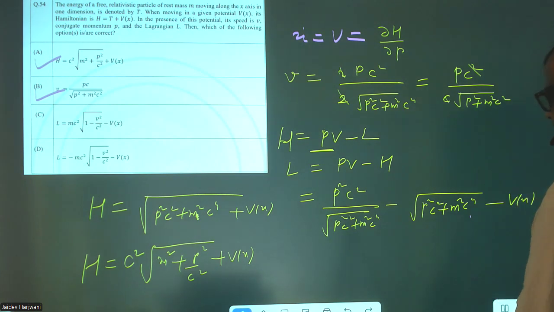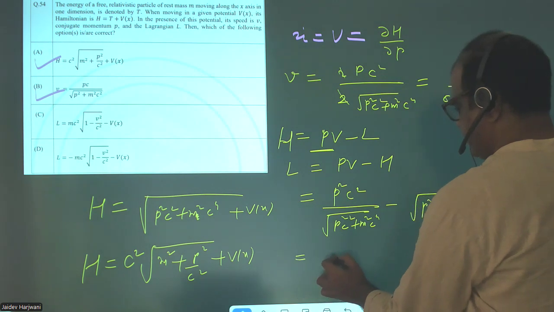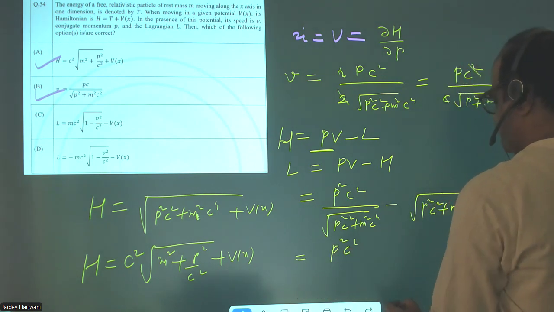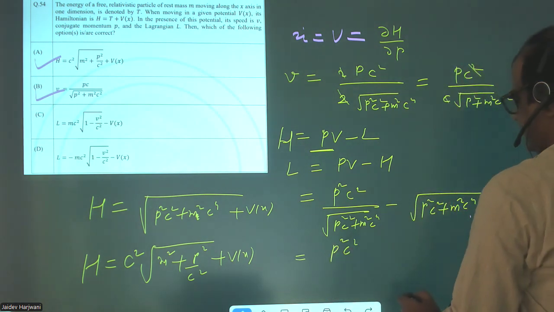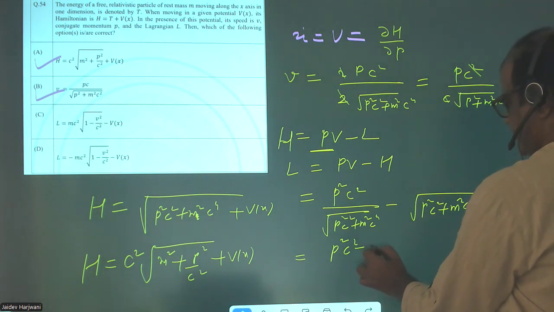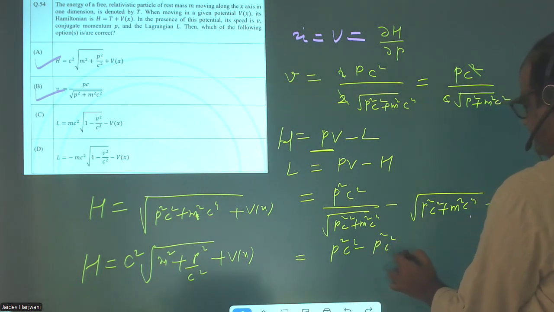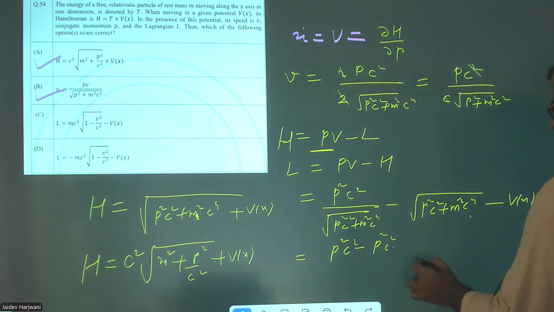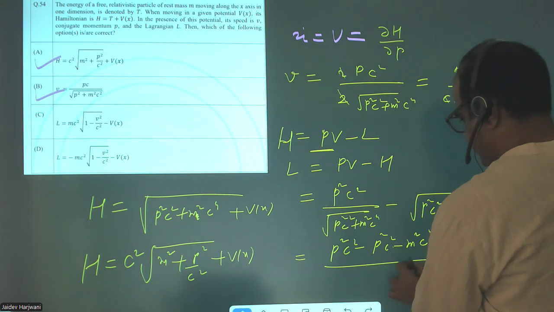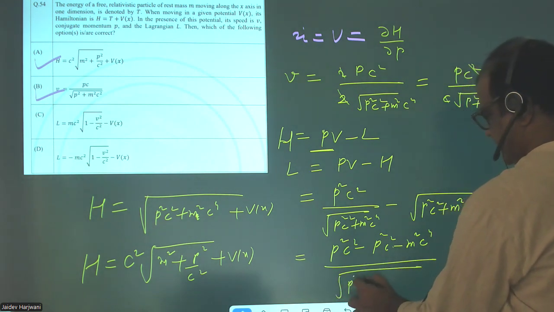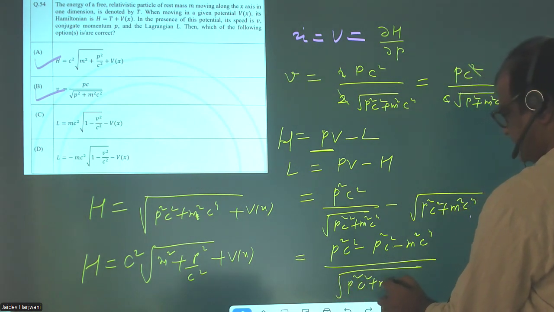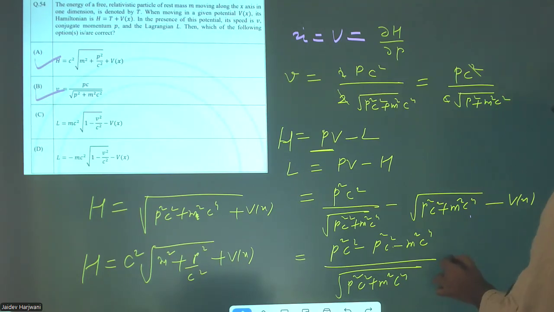Now we can solve this one. So this gives me P square C square. Okay, this gives me minus P square C square minus M square C4 upon P square C square M square C4 minus Bx.